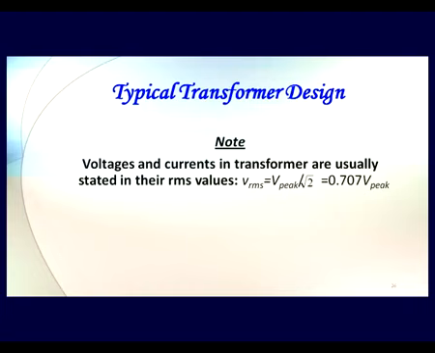So just remember that the voltage that we are stating for any transformer is actually just 0.7 of its peak value that we are going to get at the output of the transformer as a sine wave.